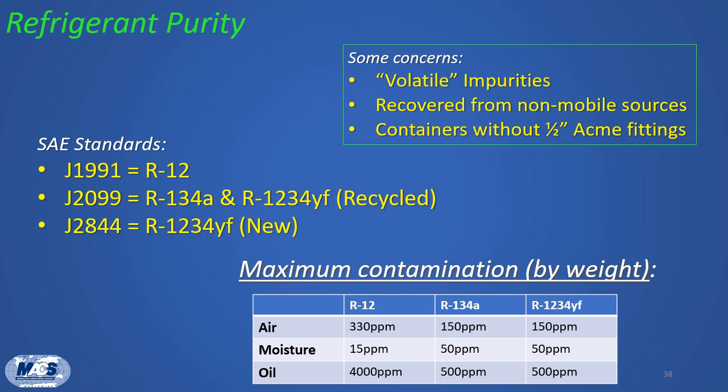The different standards list how much contamination is allowed for different amounts of recycled R12, R134A, and R1234YF. Now, it's not important for the test to know what those part per million numbers are, but it is important to remember that the contaminants that are being looked at are air, moisture, and oil.